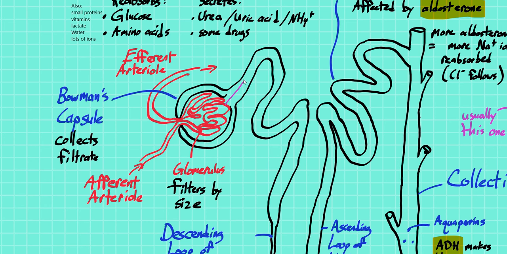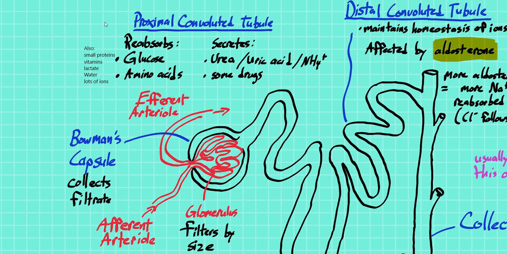Then our filtrate heads into the first section of our nephron, called the proximal tubule or the proximal convoluted tubule. The proximal convoluted tubule has a lot of jobs, a lot of things that we don't mention in Bio 20, but we need to remember the most important thing is that it reabsorbs, so it keeps things like sugar and amino acids.